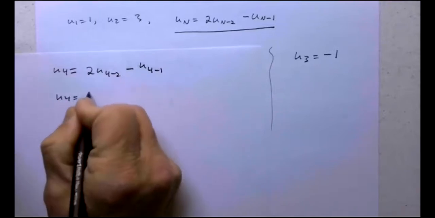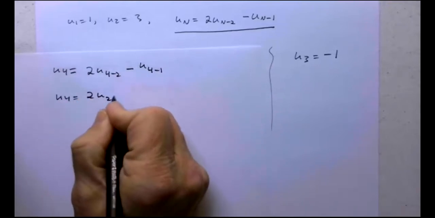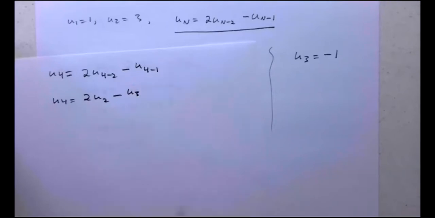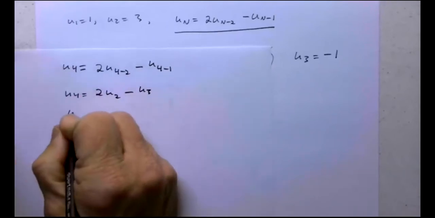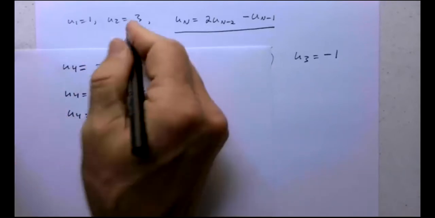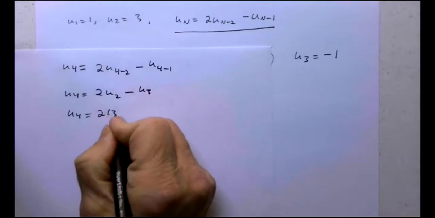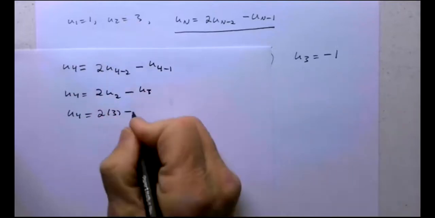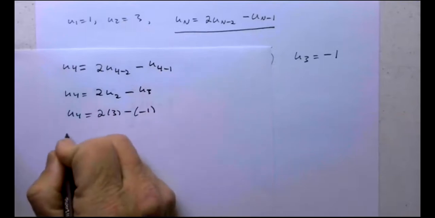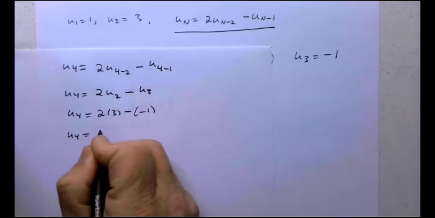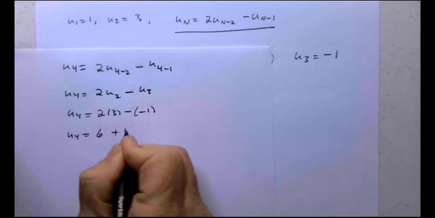So u sub 4 is 2 u2 minus u3. Well, u2 is 3, minus u3, and u3 was negative 1. So we get u4 is 6 minus negative 1, 6 plus 1, we get u4 is 7.